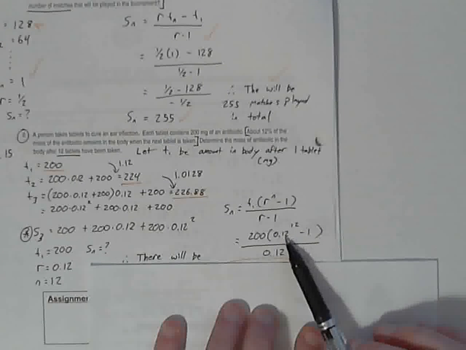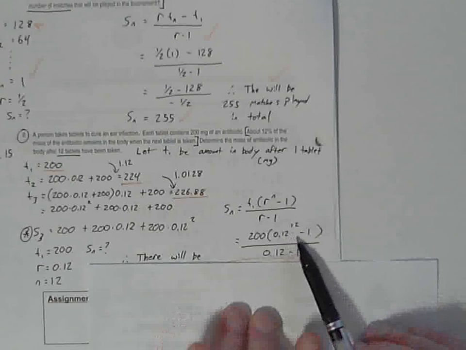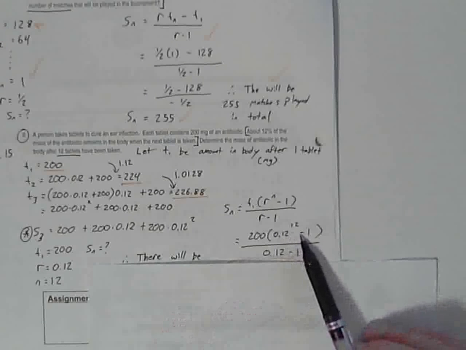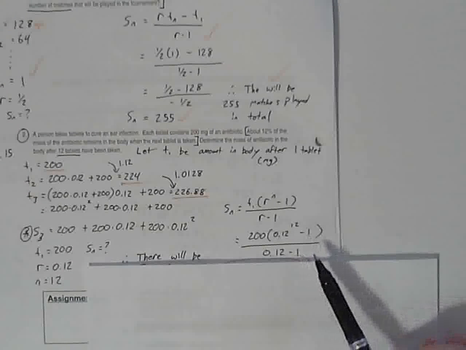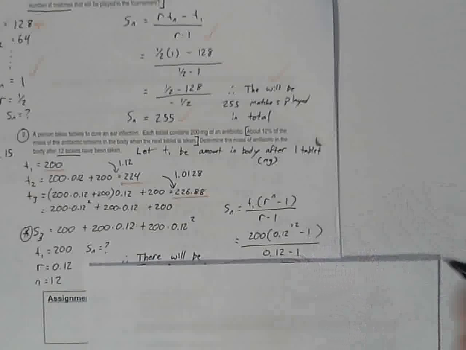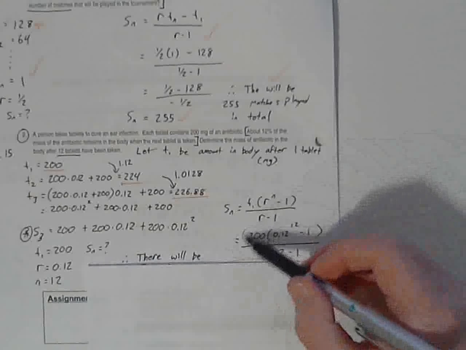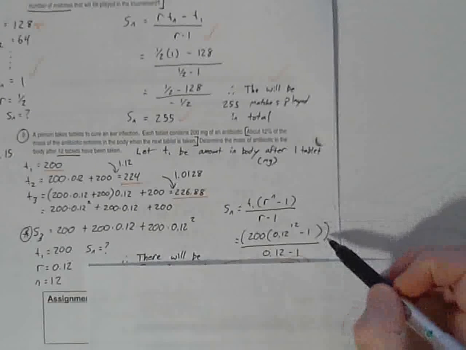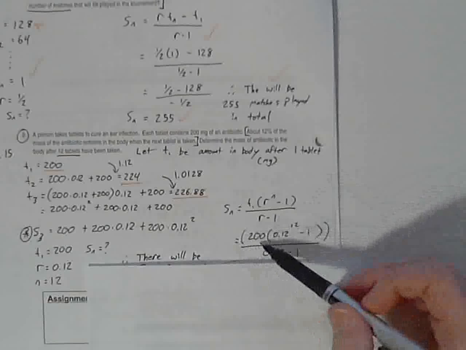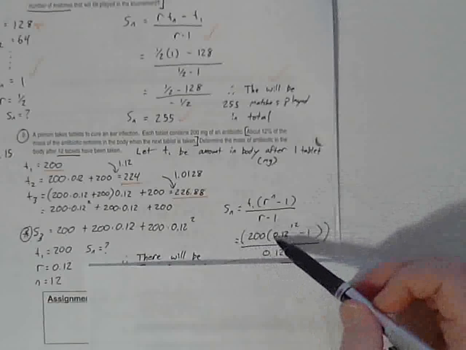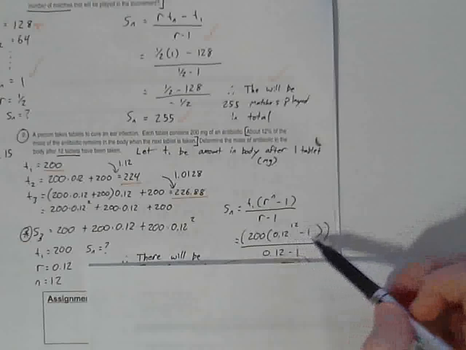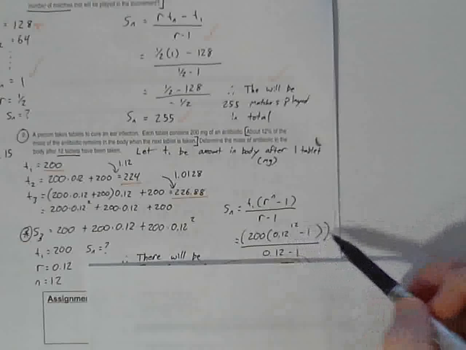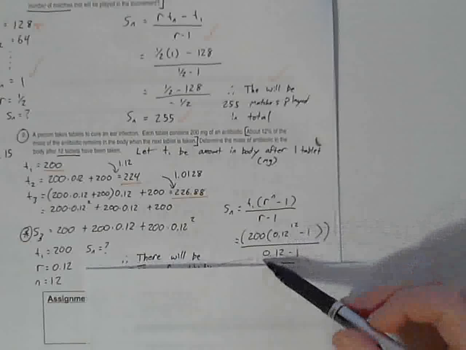So I needed to put this entire equation into the calculator all at once in order to get the right answer. I needed a lot of brackets. I needed a bracket around the entire top part. So I did bracket 200, bracket 0.12, bracket to the power 12 minus 1, bracket, divided by bracket 0.12 subtract 1 bracket.